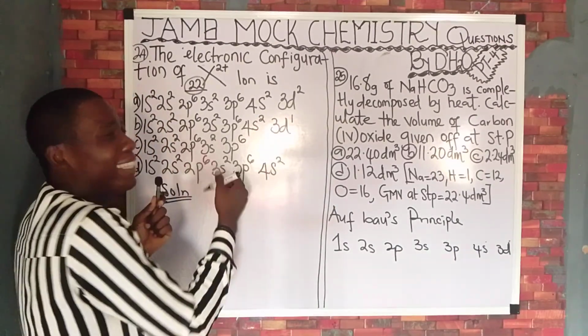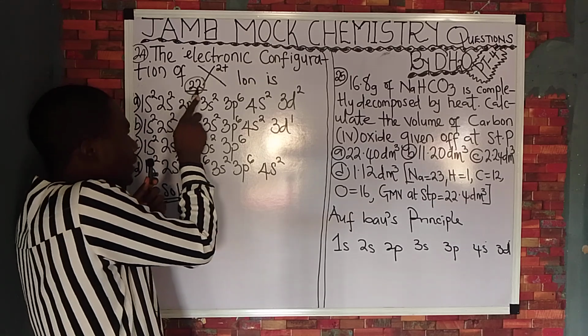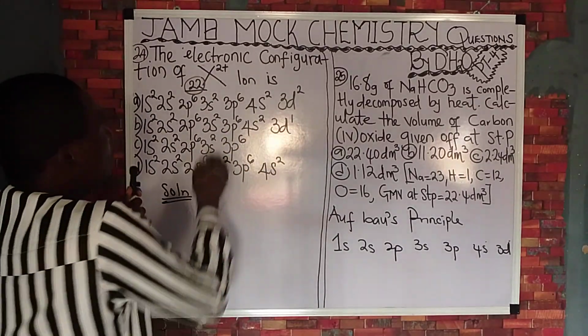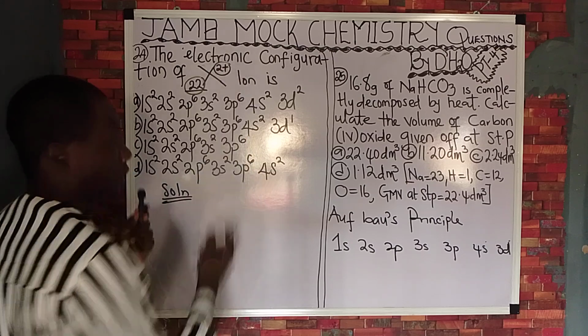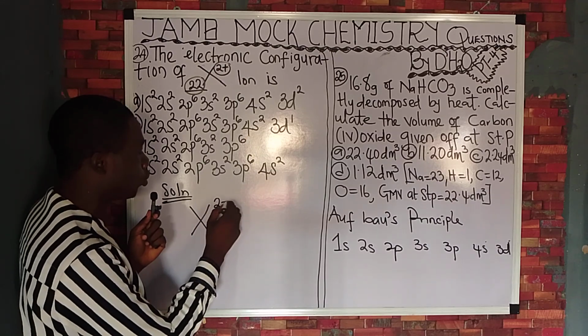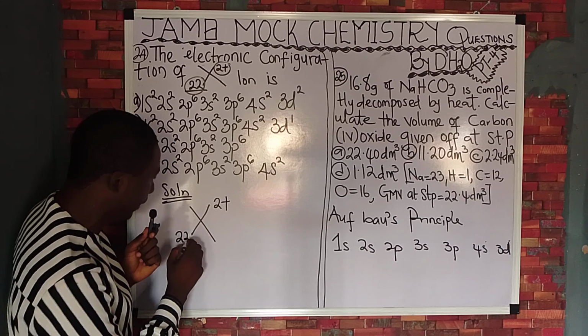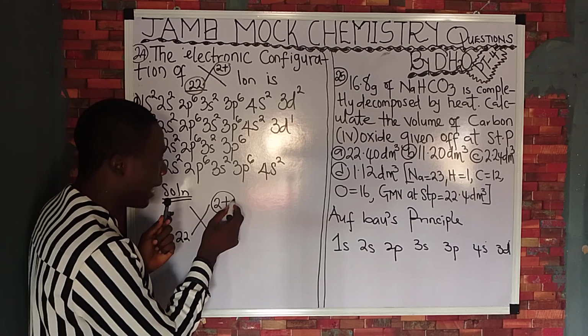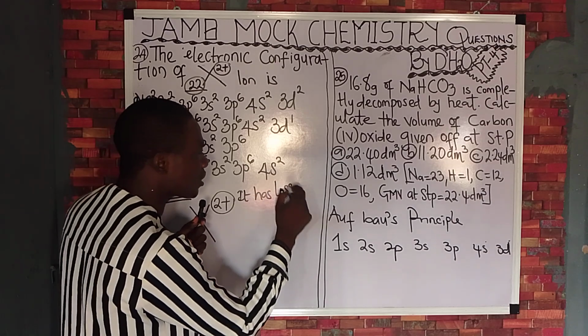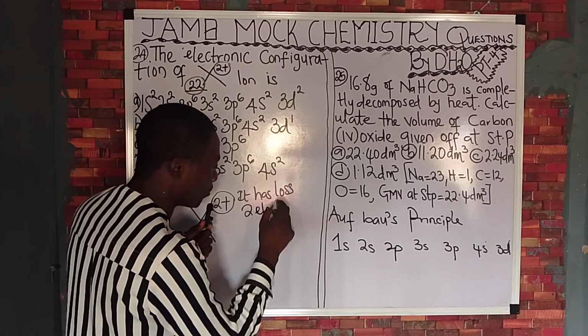Now, titanium has an atomic number of 22, and remember that you have 2 plus here for titanium. The 2 plus means that it has lost 2 electrons.